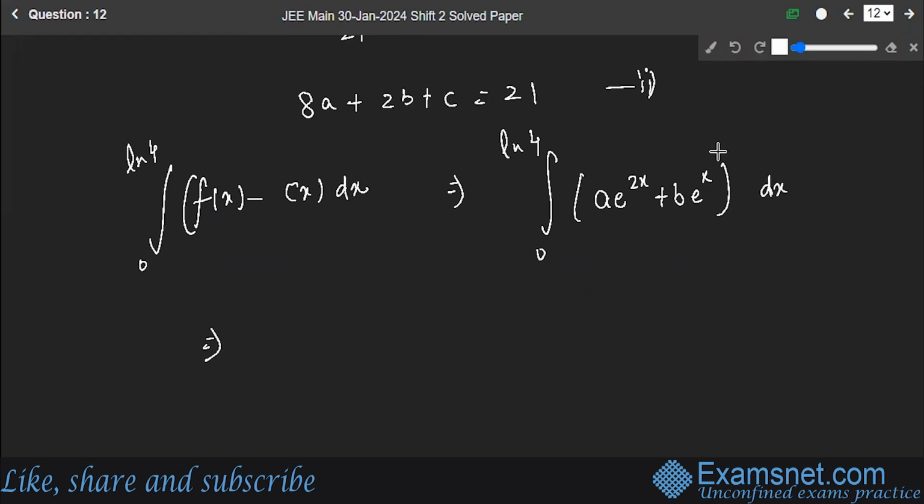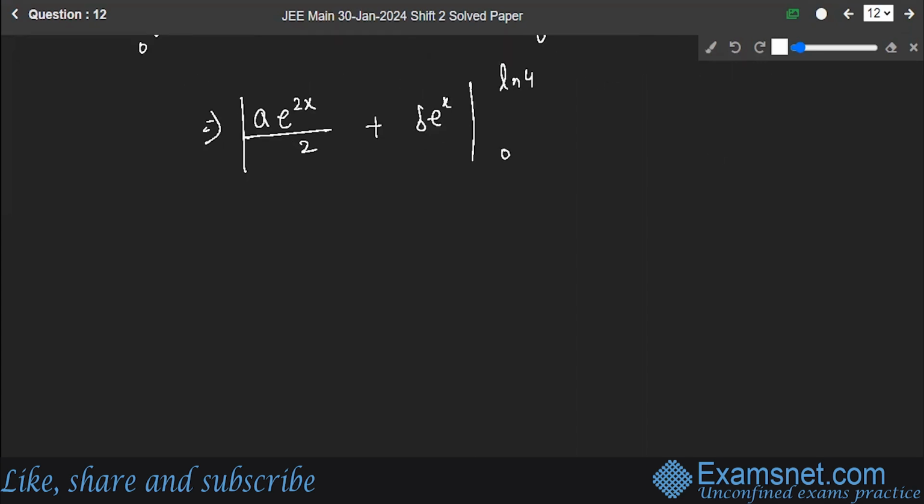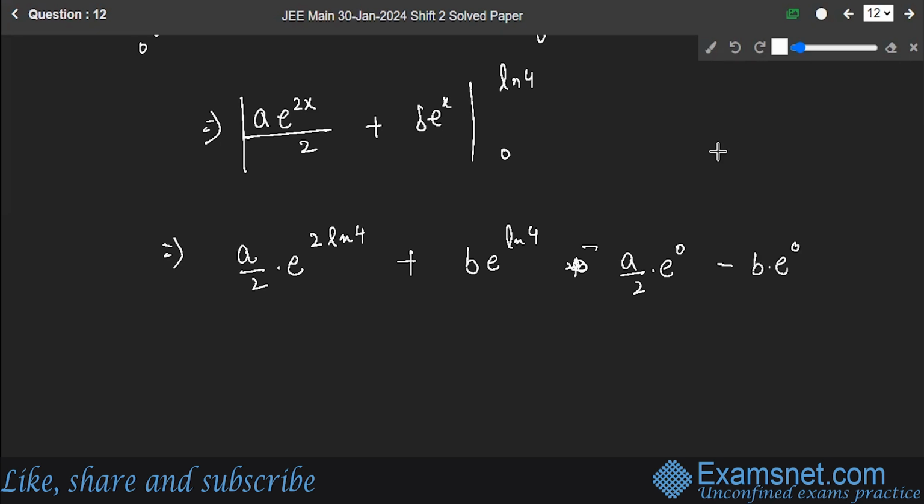Let's find out the integral of it. This will give me a e power 2x divided by 2 plus b e power x, with limits 0 to log of 4. Let's put the limits. You have a by 2 e power 2 log of 4 plus b e power log of 4 minus a by 2 e power 0 and minus b into e power 0.